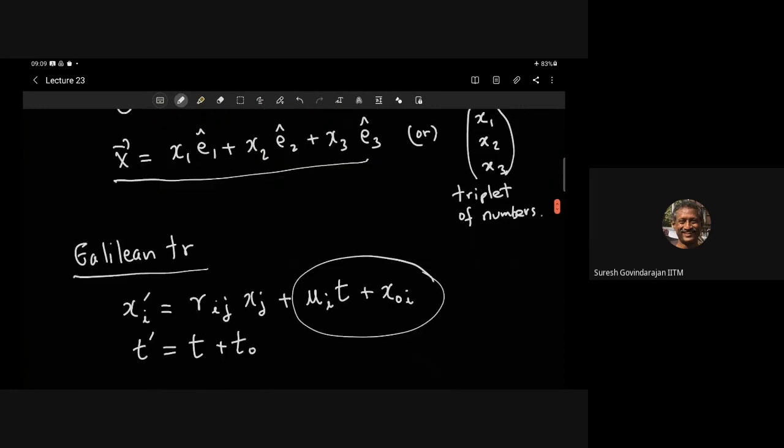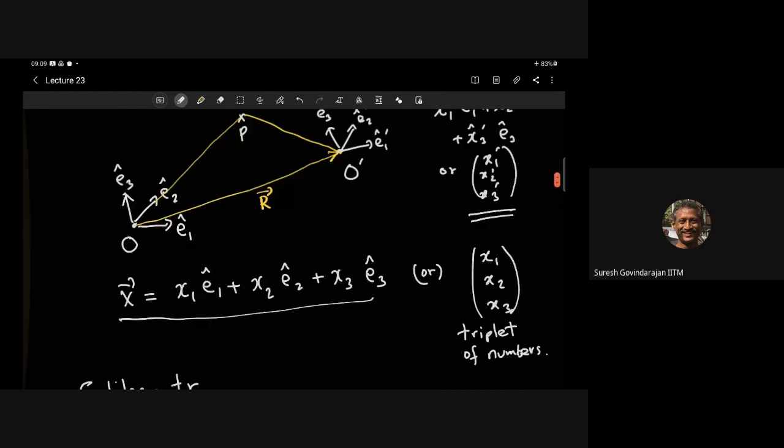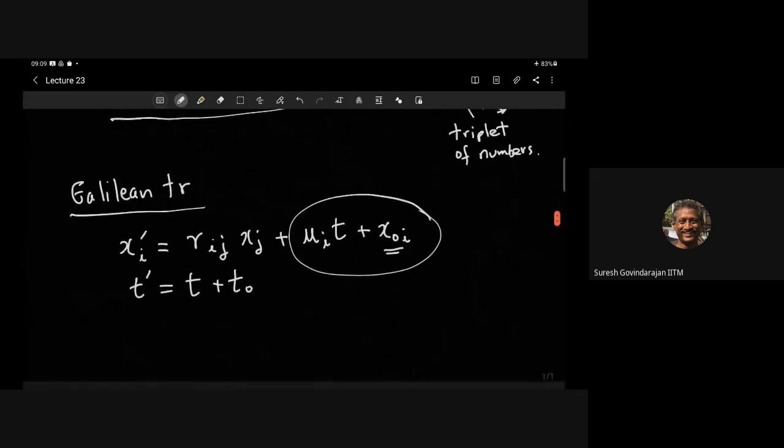And this is just the initial position at t equal to 0. That is the vector which gives this thing. So right now we're not worrying about time. So this R is out here, but we can also understand the following thing: e_i prime is equal to R inverse, or R transpose, is a rotation matrix, of e_j.